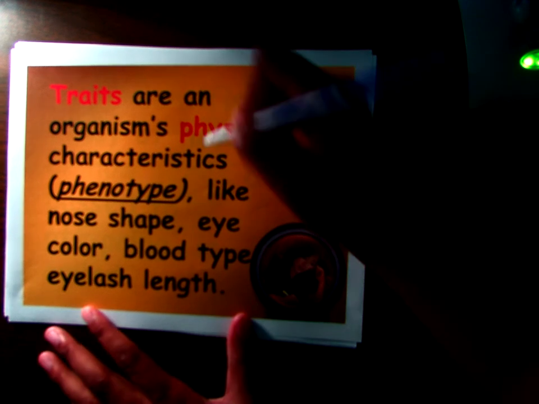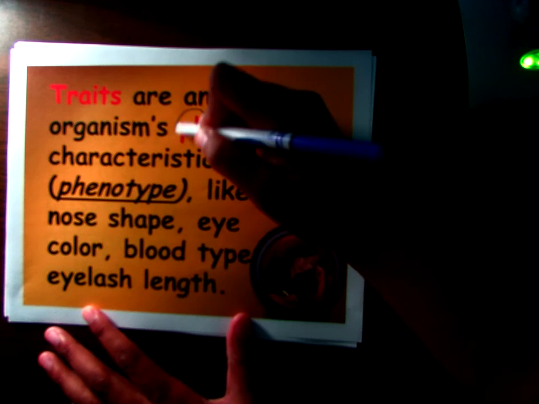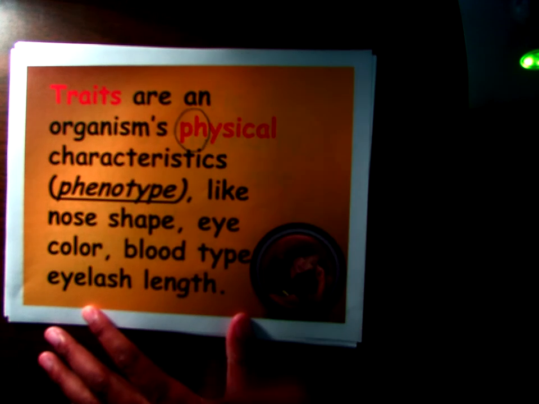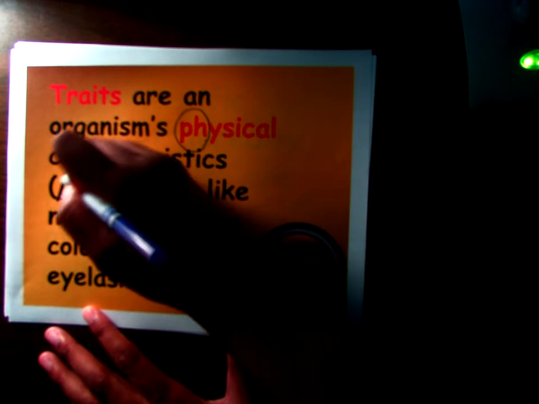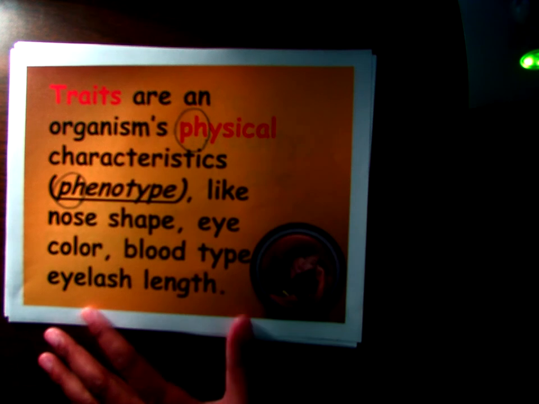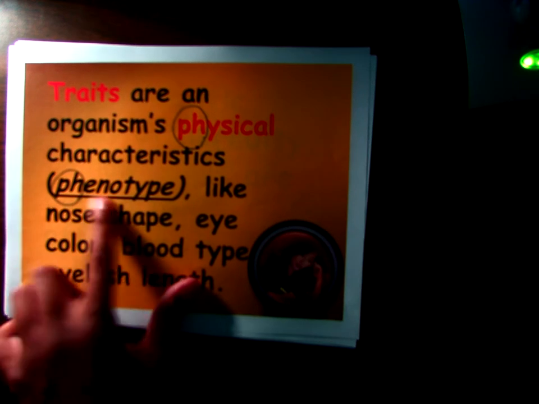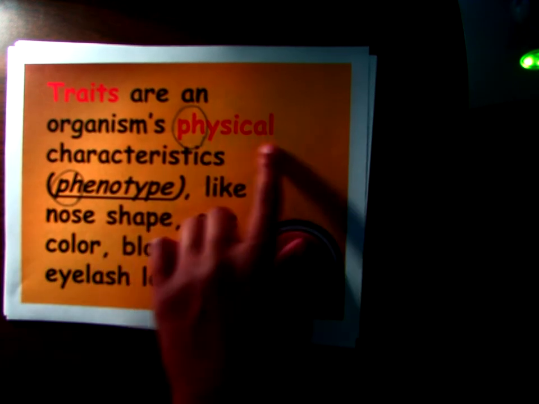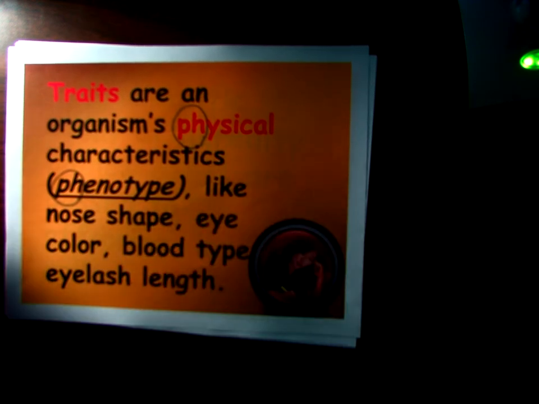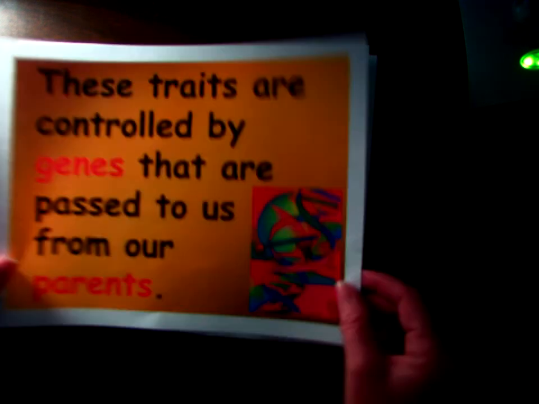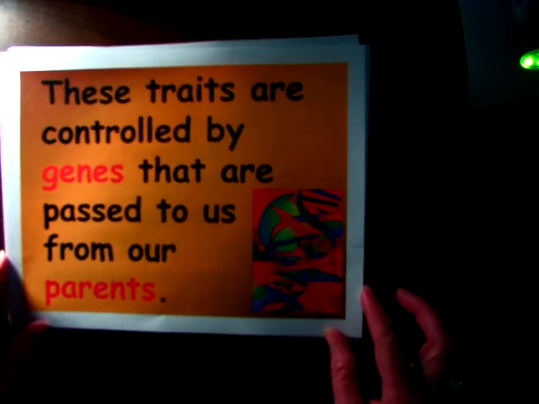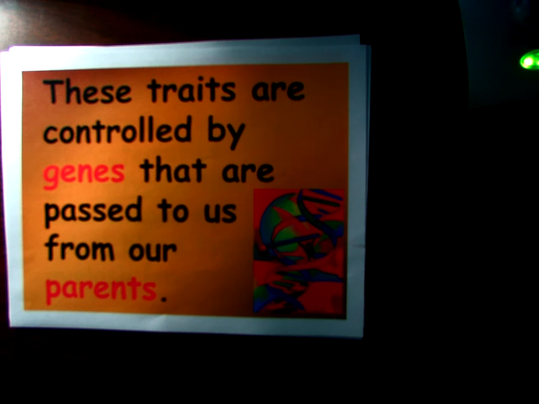An easy way to remember is that physical starts with PH and phenotype starts with PH. So the phenotype shows the physical characteristics. These traits are controlled by genes that are passed to us from our parents.